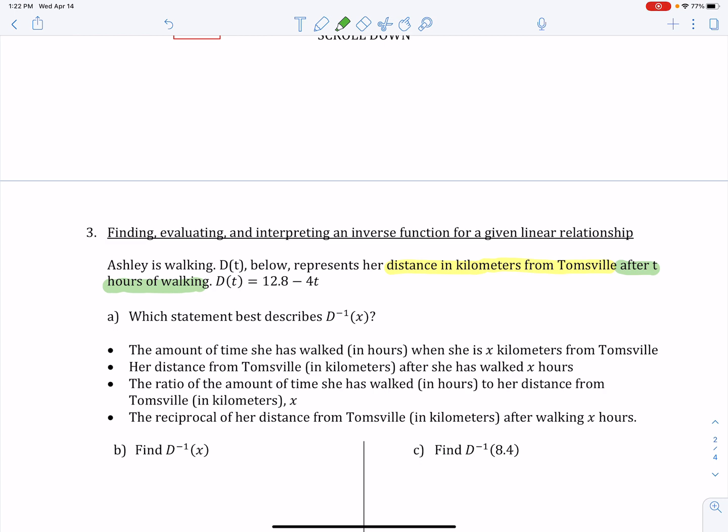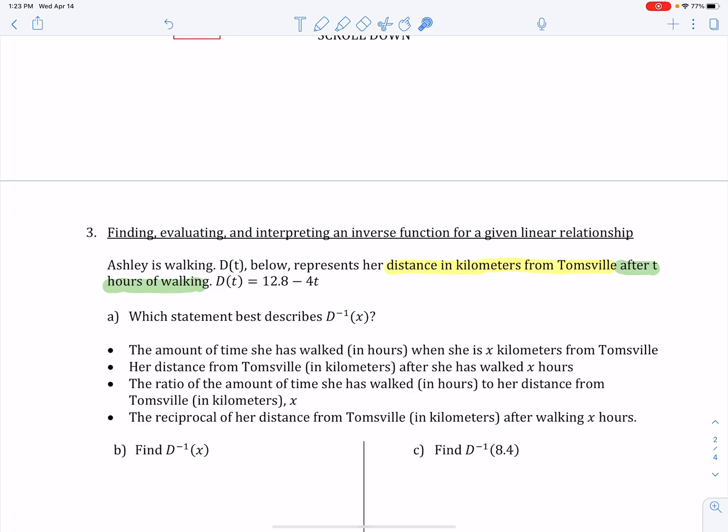So we're saying that after t hours of walking, and then the d of t, so this right here, see these two are matching? It's saying that this represents distance in kilometers from Tomsville. This is really our y. Okay, this is really our y. So if I take the inverse of y, I should have x, which is this.